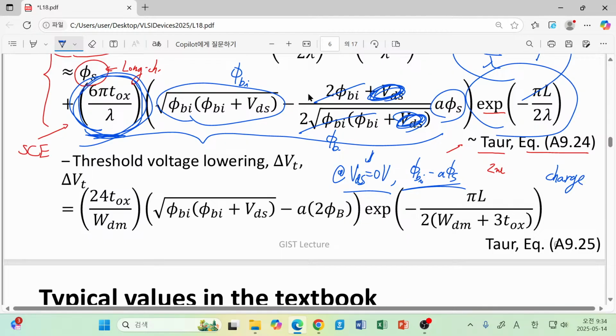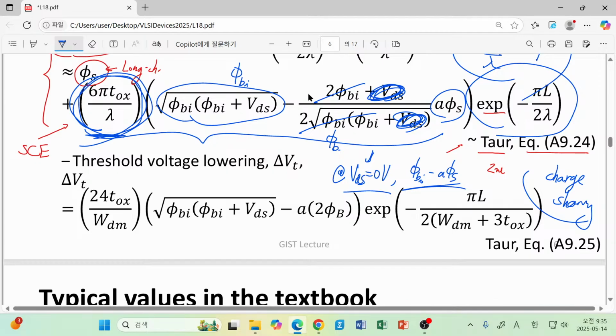So do you remember? When we have a short channel device, our threshold voltage is changed, usually rolled off, and even when we have quite a low drain bias, we still have a certain change of threshold voltage, and when we additionally apply a high drain bias, then we can have an even lower threshold voltage.